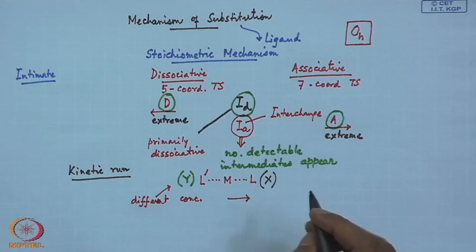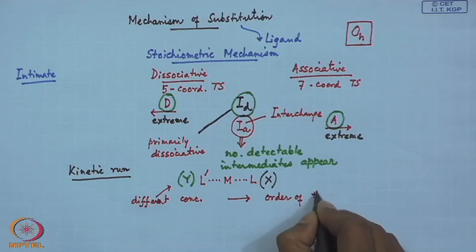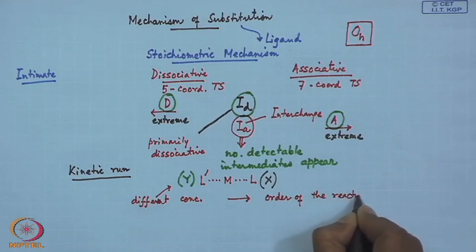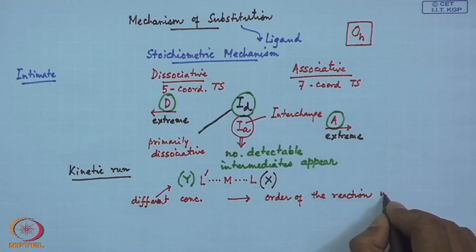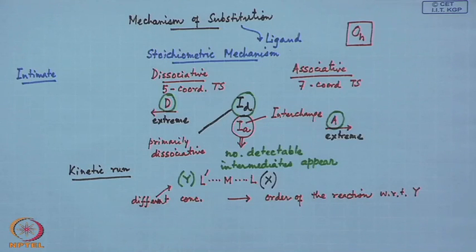We get the corresponding order of the reaction with respect to Y. So, if we are able to find out the corresponding order of the reaction from the kinetic data, we can find out how the variation in the concentration of Y can affect the rate of the reaction, and whether the concentration term Y is involved in the corresponding rate law for the reaction.